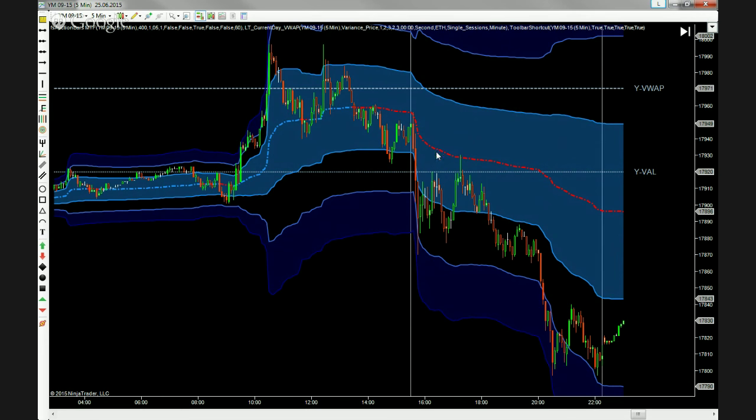So let's say the institutional traders come into the office a little bit before the cash open, and they see the market is coming down here, and in that case, they will be looking to enter the market when it approaches the VWAP band again up here. And exit will then be towards the second standard deviation here.